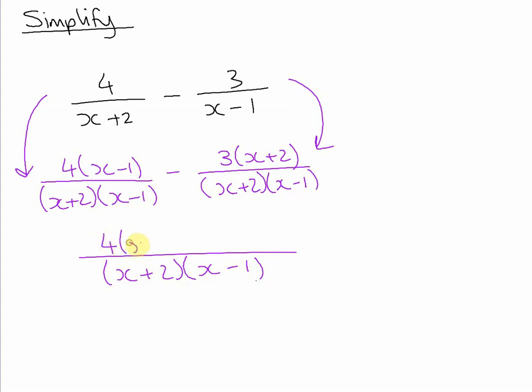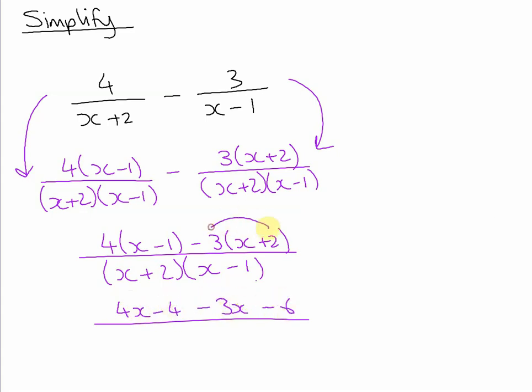So let's go 4 lots of x minus 1 minus 3 lots of x plus 2. I see too many people writing a plus 2 here when you'll see in a minute it's a minus 6. Okay, expand. So we have 4x minus 4 minus 3x minus 6 when we expand. All over x plus 2, x minus 1.